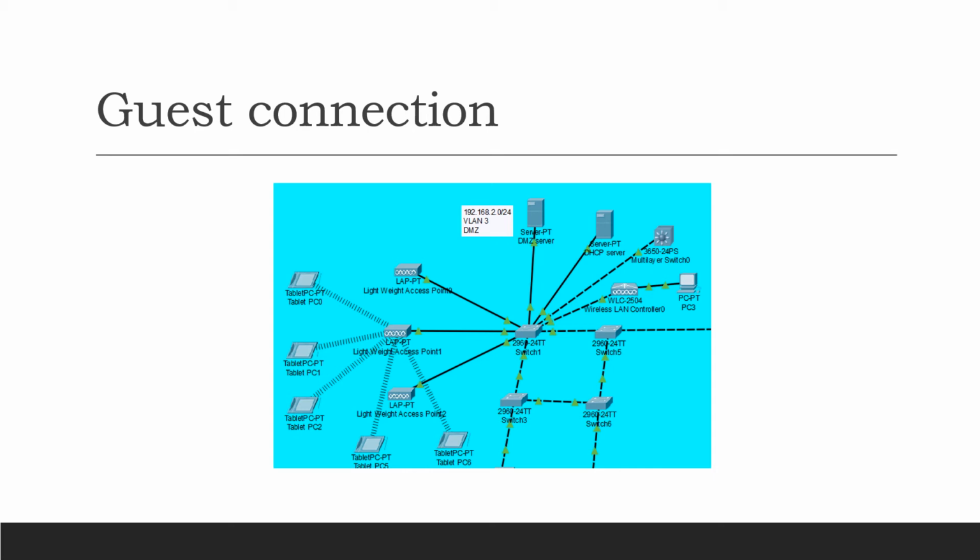And the wireless LAN controller is about the guest connection to control the switch, and there are 3 wireless access points. It's just for the connection with the wireless devices, like tablets, smartphones, and others.